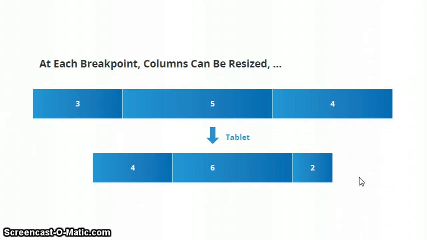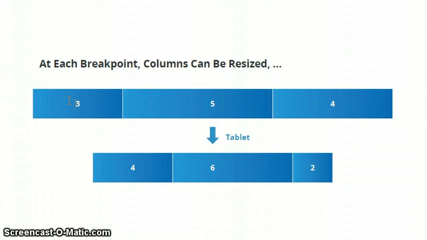Now, for each breakpoint, that is when you move from desktop to laptop, laptop to tablet, or tablet to smartphone, at each breakpoint, your columns can be resized. So let's say you have a menu on your desktop that looks good, it's the right size, and when you move it down to a tablet, it becomes narrower and it becomes cut off because the text is too long in the menu.